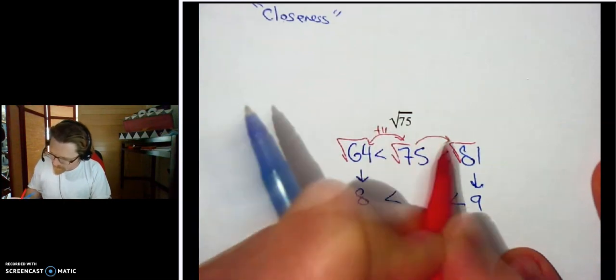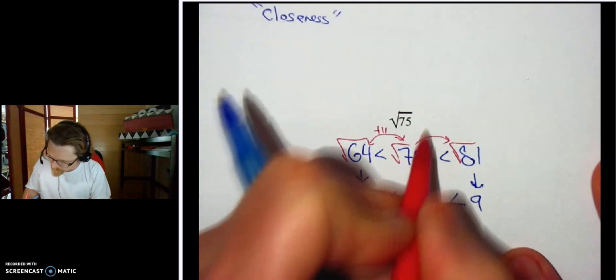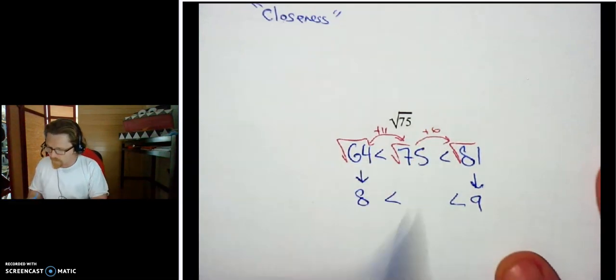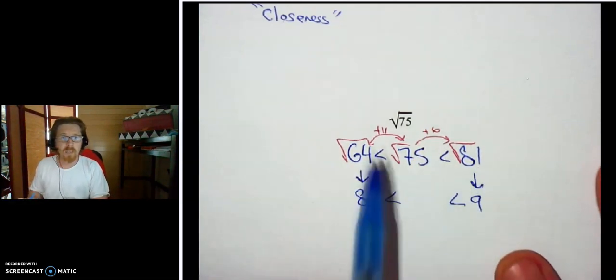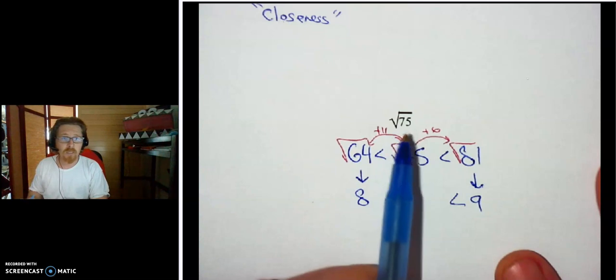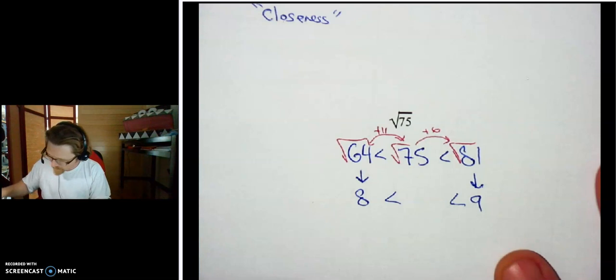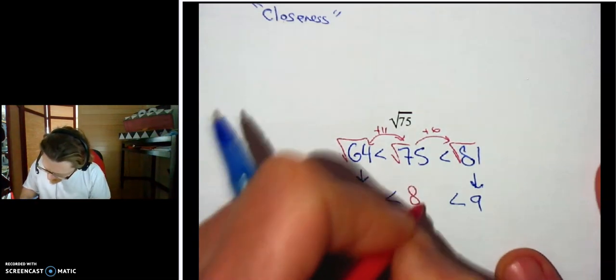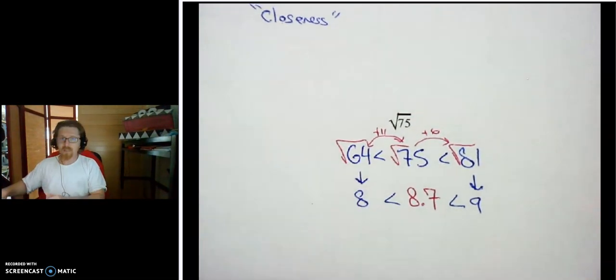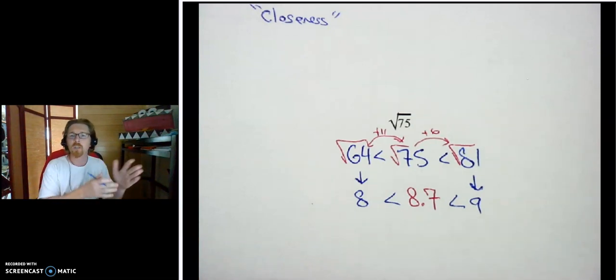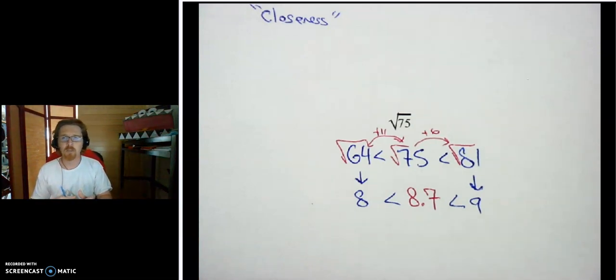And 75 to 81 is just 6. And so because it's closer to 81, it's not at the halfway point, but it's not super close to 81. Let's call this, how about, 8.7, because it's kind of 3/4 of the way to 9.